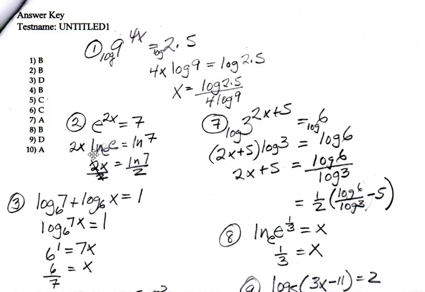Again, this is just 1 here, so we're now going to divide both sides by 2, and the 2's cancel out, and this is what we get as an answer. Natural log of 7 divided by 2.